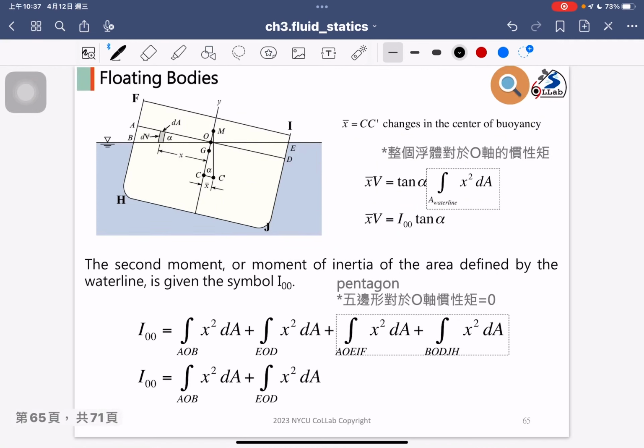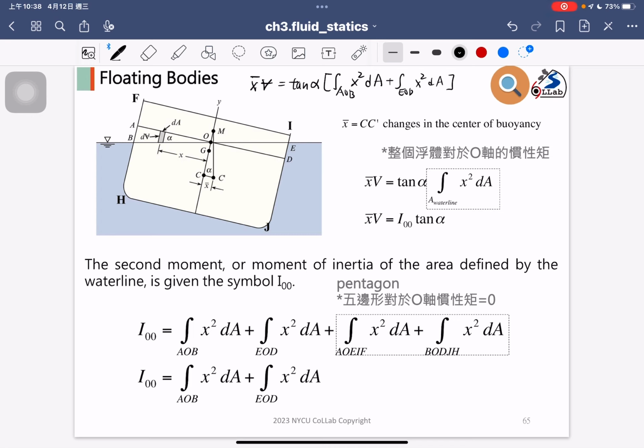So here I rewrite the equation: x bar multiplied by the total displaced volume will equal tangent alpha outside, and inside I only have the integral over AOB of x squared dA plus the integral over EOD of x squared dA, right?